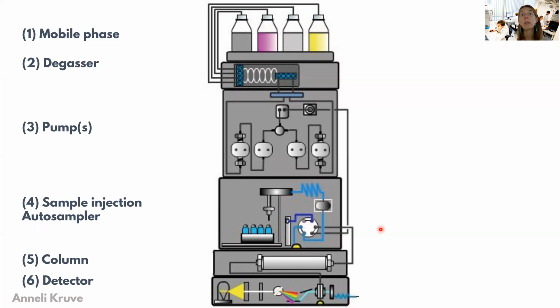Then when the sample is directed to the column where the separation starts, the columns are usually thermostated today. So they are sitting in a specialized block of the instrument themselves, where the temperature of the column can be regulated. For this, the incoming eluent together with the sample is already heated, and also the column is heated in this specific compartment.